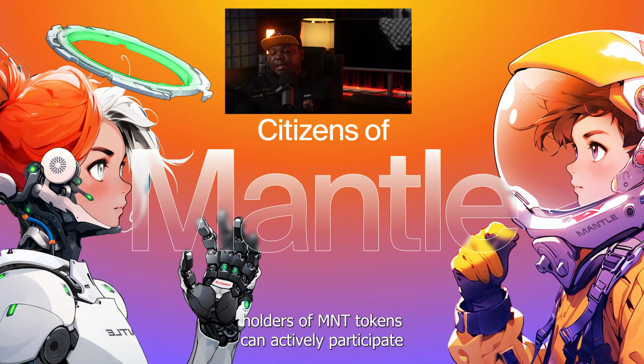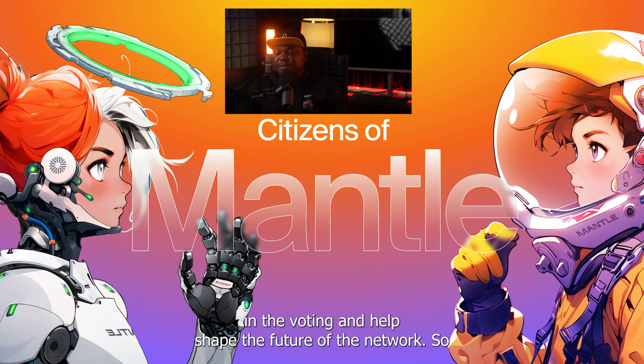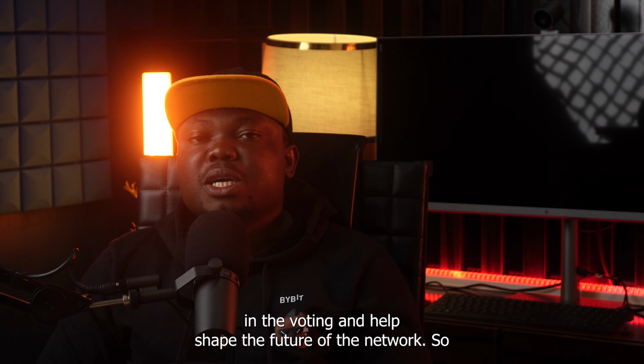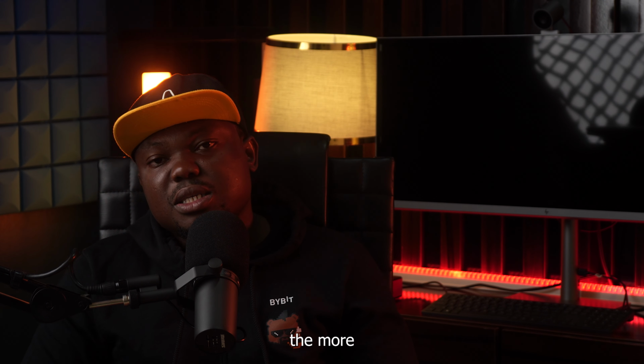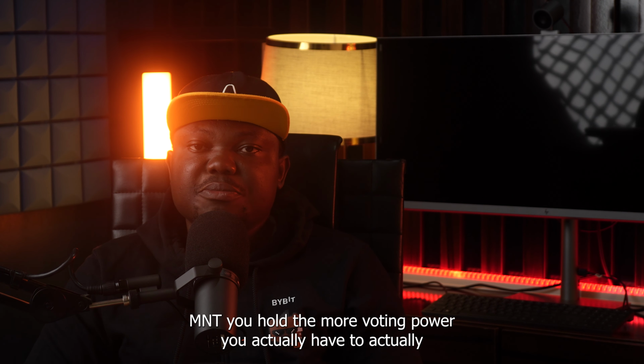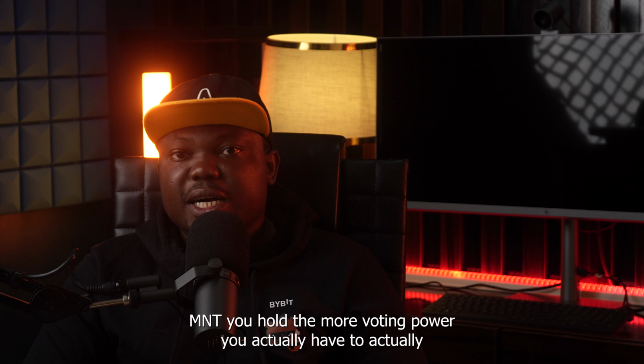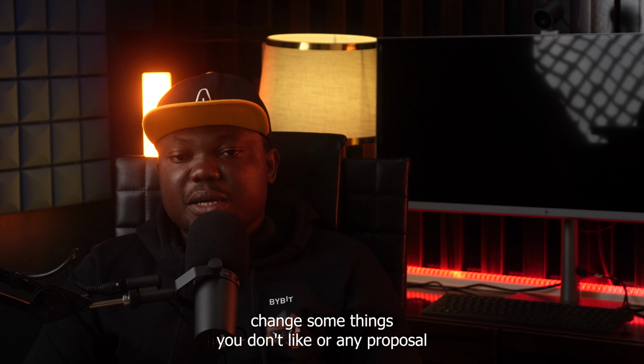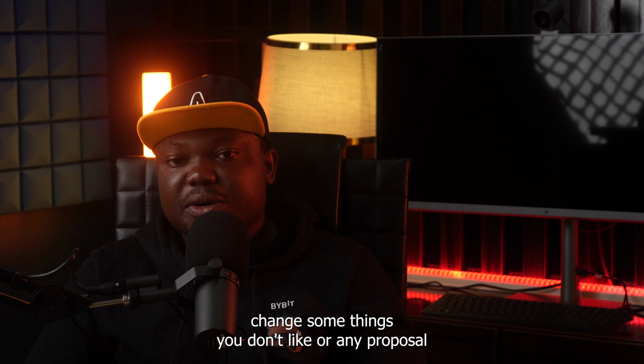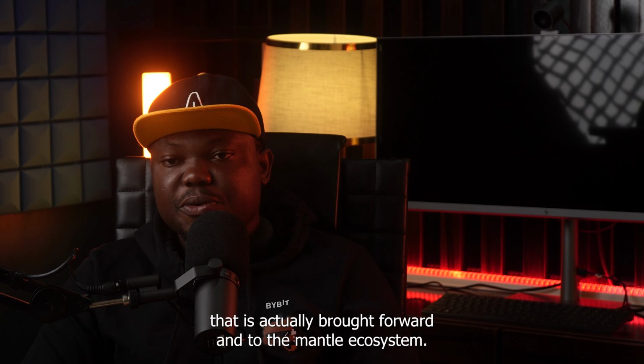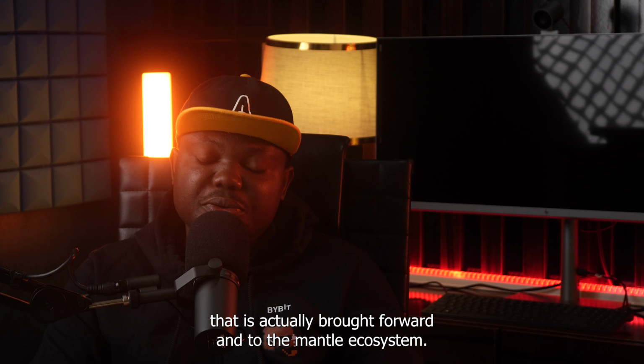Holders of MNT tokens can actively participate in DAO voting and help shape the future of the network. So the more MNT you hold, the more voting power you have to change things you don't like, or on any proposal that is brought forward to the Mantle ecosystem.